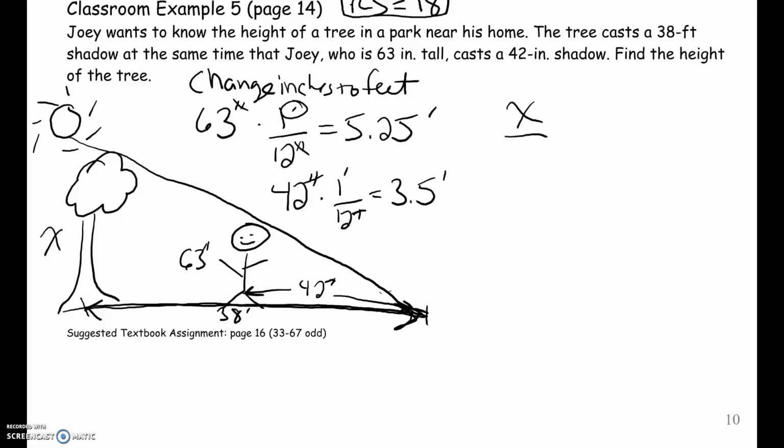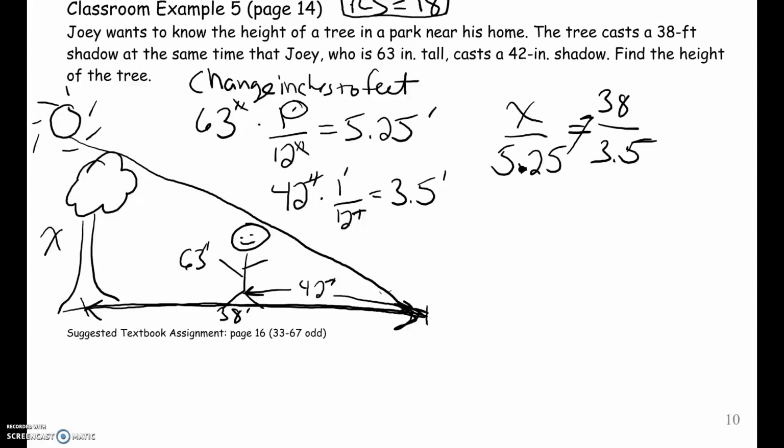X is to 5.25, as 38 is to 3.5. Alright, so my units are all in feet, everything's looking good.